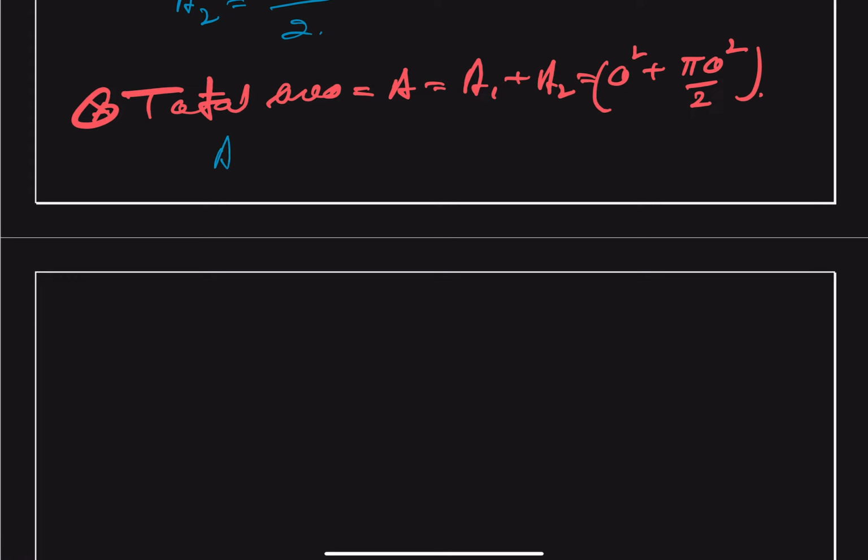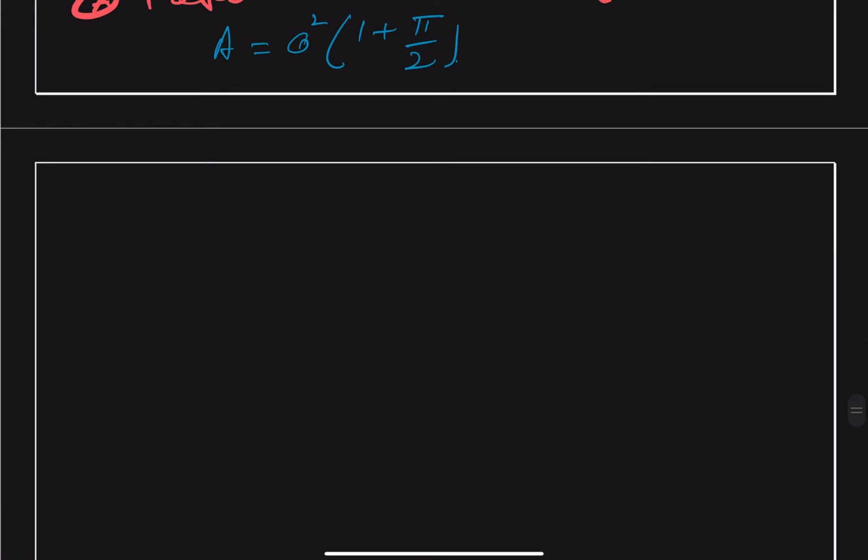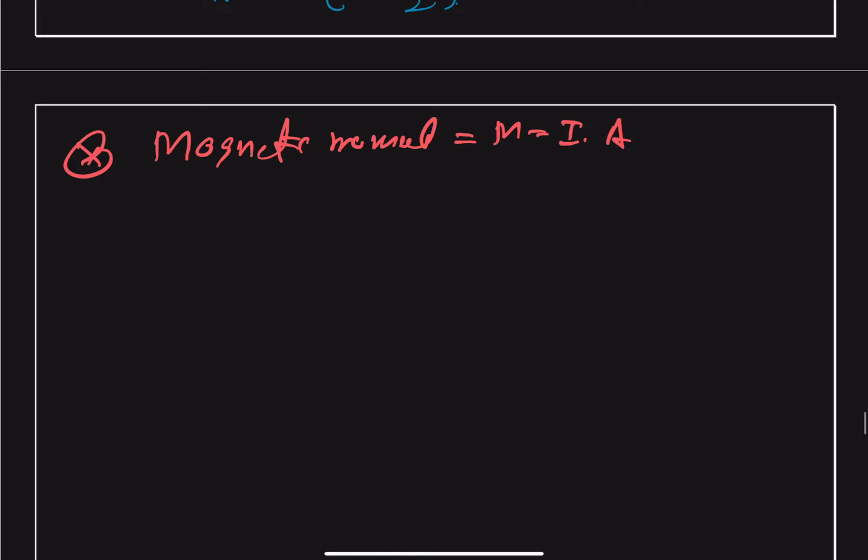So A is equal to a square, we can take as common, 1 plus pi by 2. So magnetic moment m is equal to I times total area, and the normal unit vector is k.